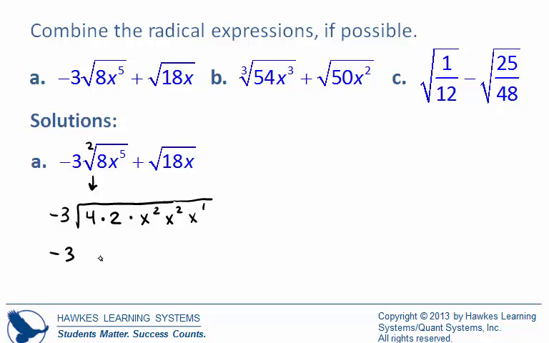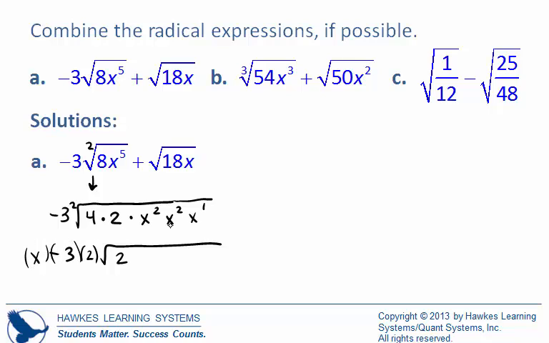So let's look at what that does for me now. If I take the square root of each of these separately, the square root of 4 is 2, and it's going to come out to the front. The square root of 2 cannot be done, so I'll leave it underneath. The square root of x squared becomes an x.